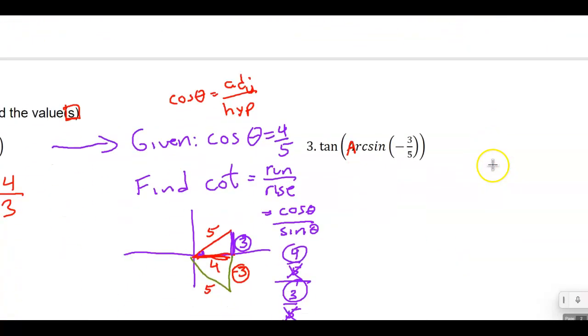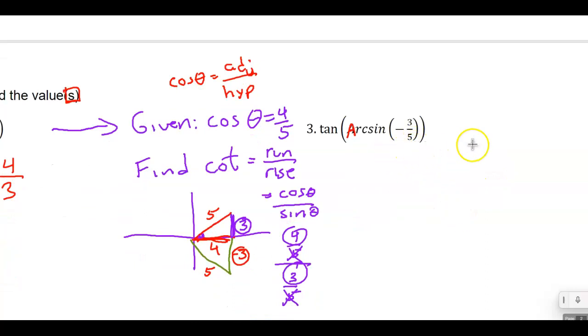And where is sine actually negative? It's in the 4th quadrant. So we have to dissect this and realize this could only be 1st and 4th quadrant to begin with, right? Because it's a capital A. But the sine is negative, and we know everything's positive in the 1st quadrant, so that's out. So we're dealing with the triangle that's in the 4th quadrant.